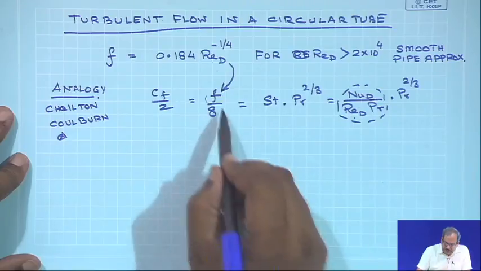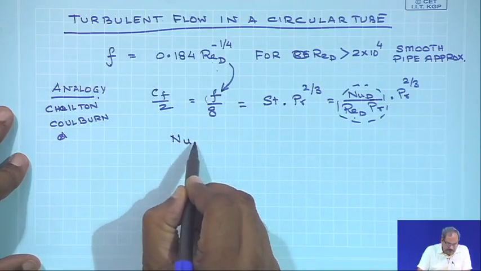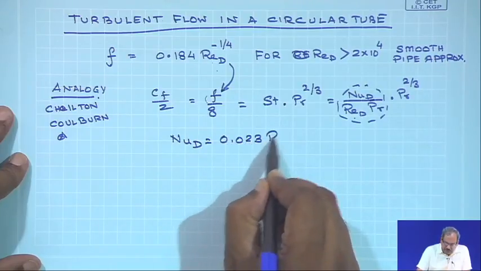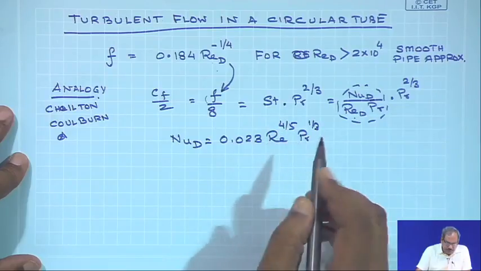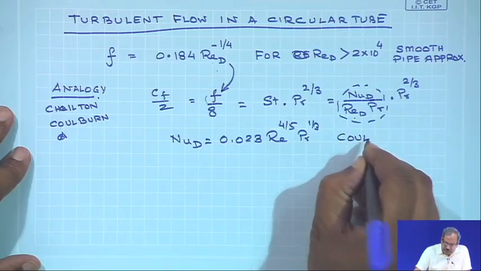So, utilizing the expression of F from here, I can write Nusselt number based on diameter as 0.023 Reynolds to the power 4 by 5 into Prandtl to the power 1 by 3. So, this is known as the Colburn equation.